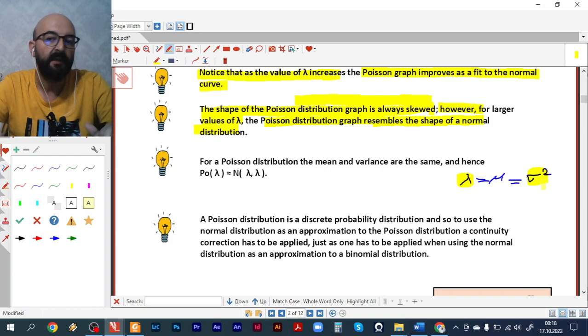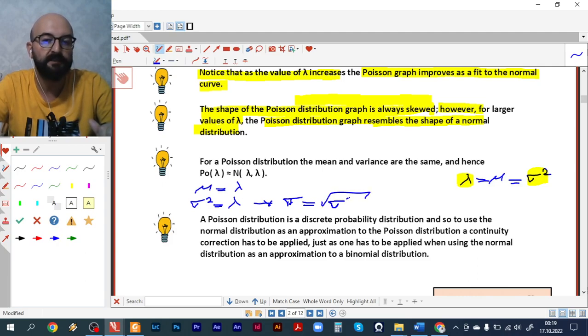So if you use the normal distribution approximation to the Poisson distribution, your mean becomes lambda and your variance becomes lambda. If you want the standard deviation sigma, you know sigma equals the square root of the variance, so the square root of lambda.